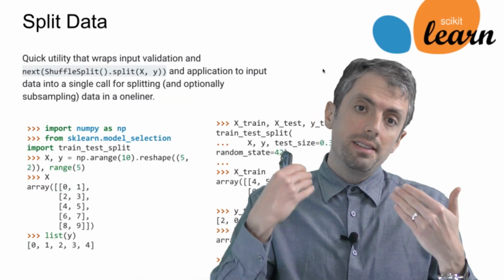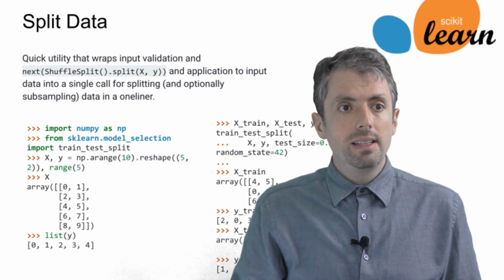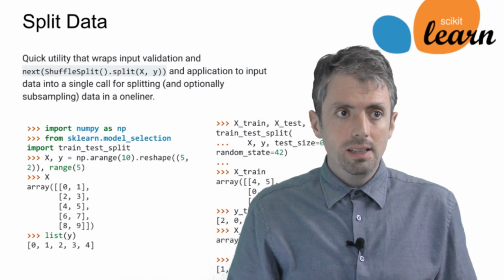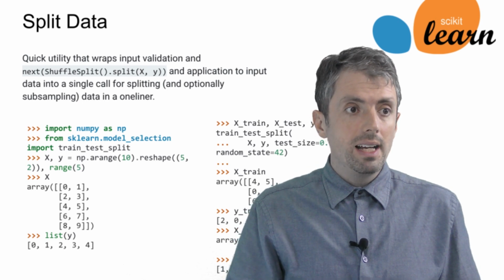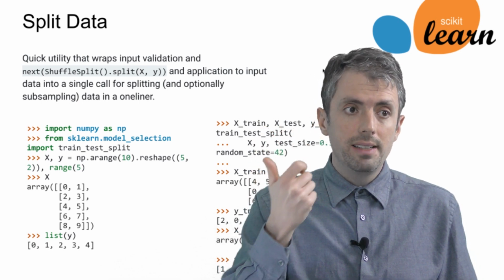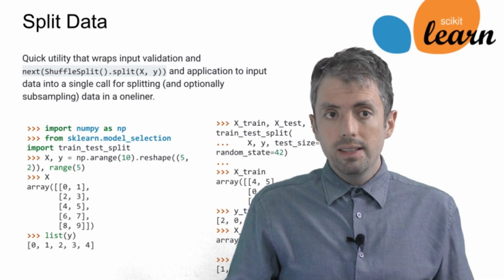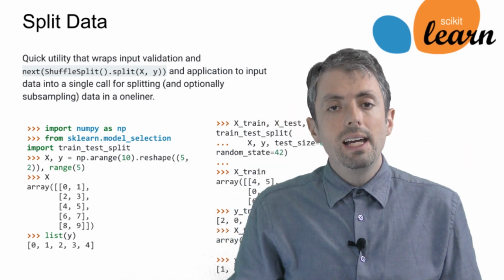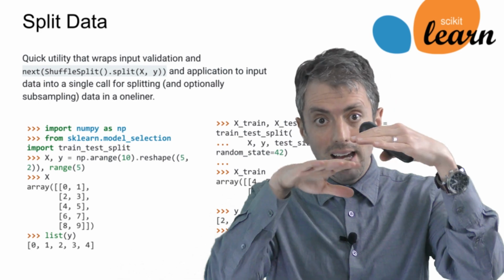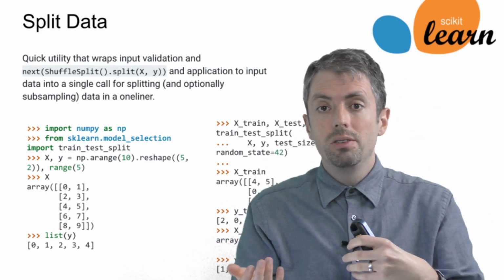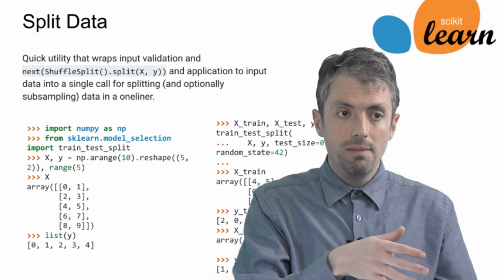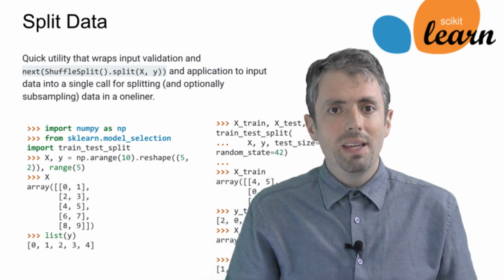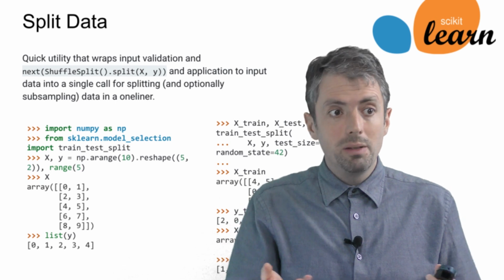Another tool that Python Engineer uses in his programs are some functions from scikit-learn. So for example, he uses the train test split function. All this does is given some matrix X and labels Y, it splits that big collection of X and Y into a train set that you can build a model from and a test set that you can evaluate on. This is a handy helper function that does what you would expect it to do.